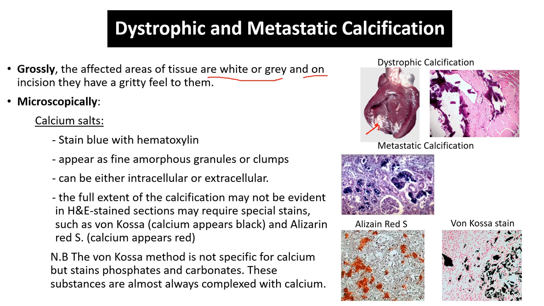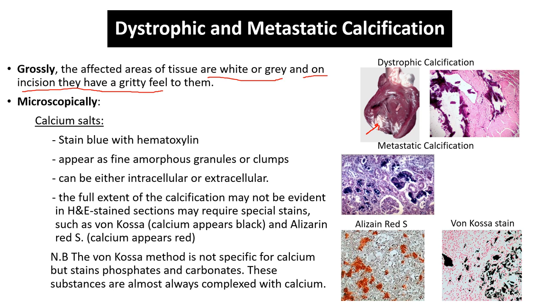And on incision, you're going to have a gritty feel and sound, a gritty feel when you cut, or a gritty sound basically, like sand. When you scrub sand on a floor, this makes a gritty sound.